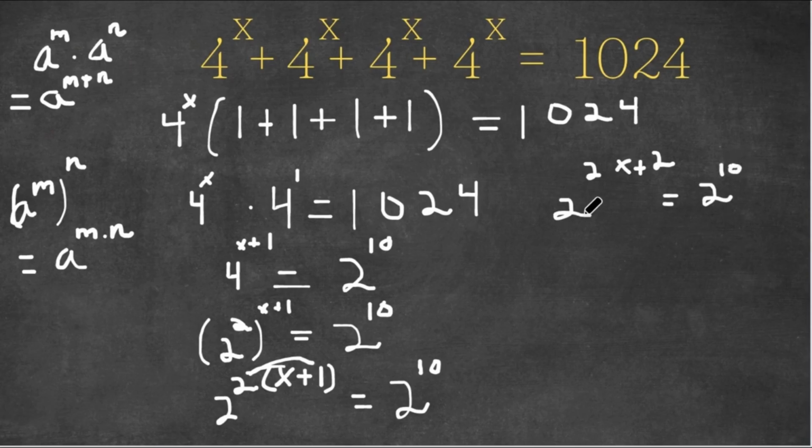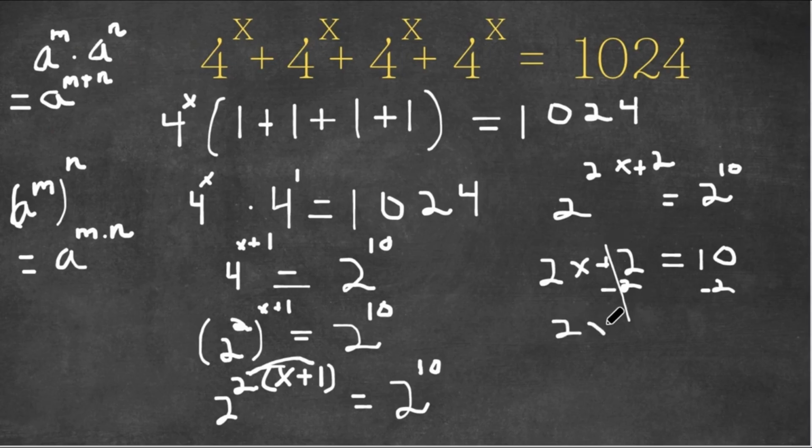Now, if you notice, both our bases are the same, meaning our exponents have to be the same as well. So that means that we have 2x plus 2 is equal to 10. Now, if we subtract 2 on both sides, we get 2x equals 10 minus 2, which is 8.